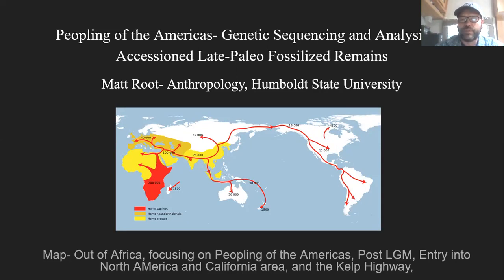It's proposed to perform genetic sequencing and analysis on accessioned late paleo fossil remains. And we reduced the scope of this project from actually getting out in the field and excavating new remains or fossilized evidence from paleo sites to simply working with institutions, reviewing what fossils are in those accessions that haven't been sampled for whatever reason, whether it was a legal or a funding issue, and then contacting those institutions to get those remains or fossilized items out of accessions for the purposes of this.